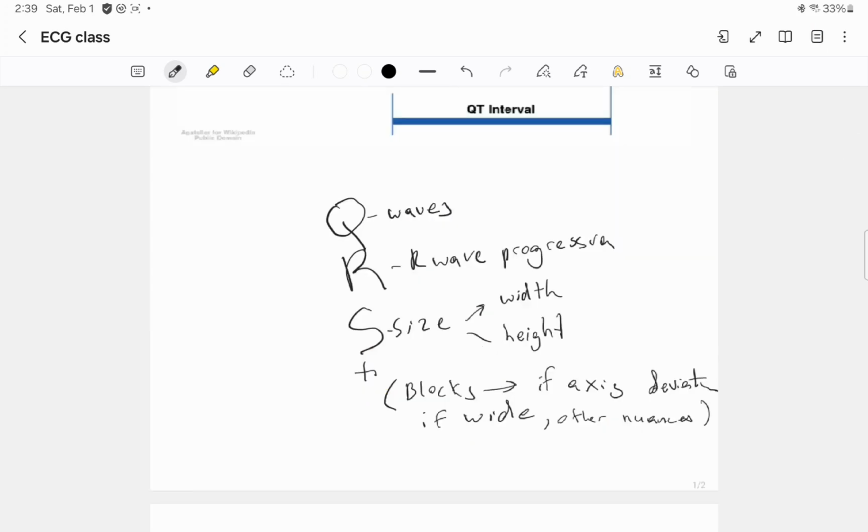So that begs the question, what do I mean by small? They should be less than 25% of the height of the QRS complex, and they should be less than 1 millimeter, or one small box, wide.